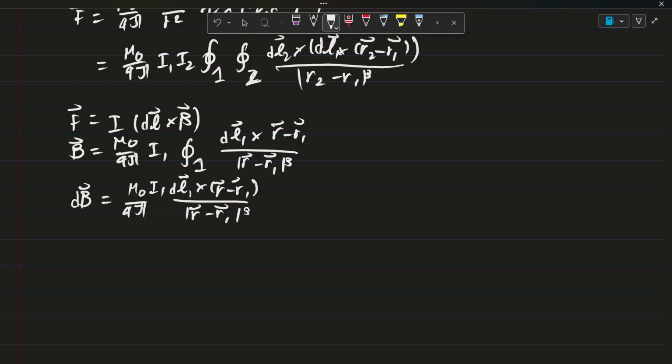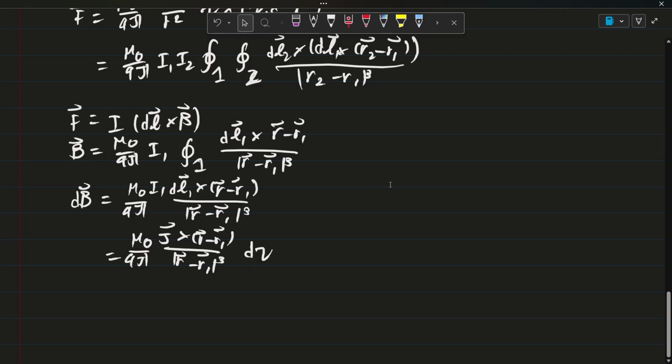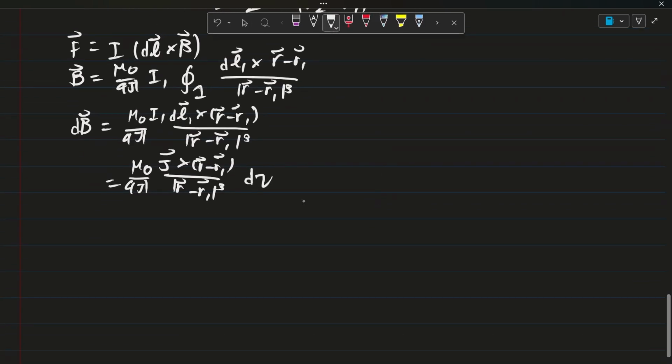And if you use the transformation I dl into j dv again, this would just be mu 0 j vector cross r vector minus r1 vector over r vector minus r1 vector cubed over 4 pi dv, like so. From this Biot-Savart, what we obtain is that the divergence of the magnetic field has to be zero. And this is the second Maxwell's equation.